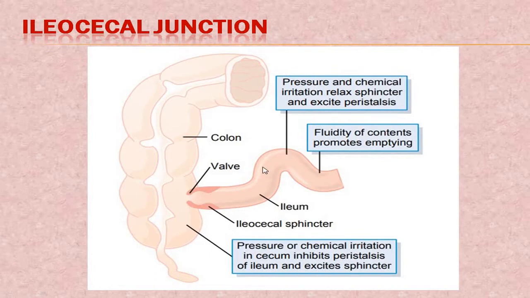This is the ileum, the last part of the small intestine, which opens into the large intestine, and this opening is guarded by a ring of smooth muscle, so it makes a valve or a sphincter that is called the ileocecal sphincter.